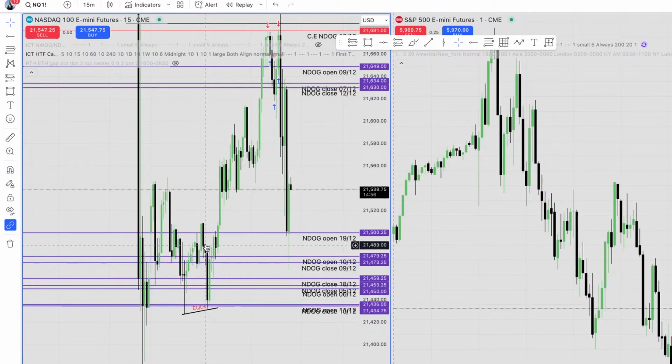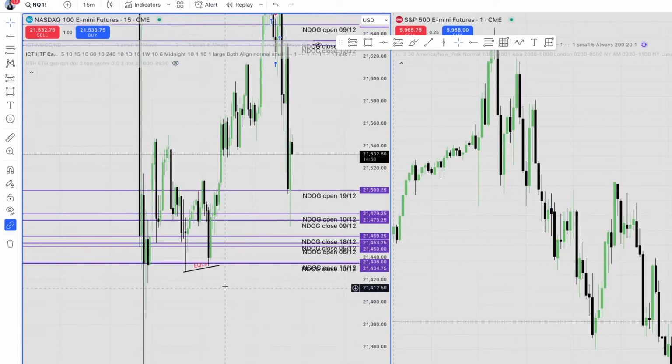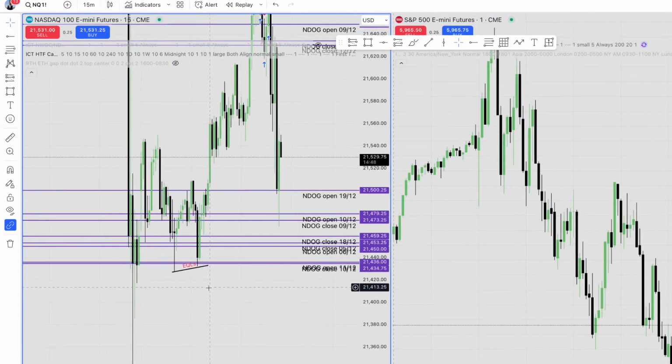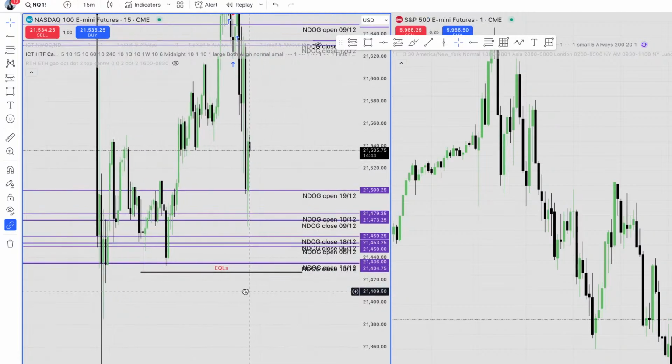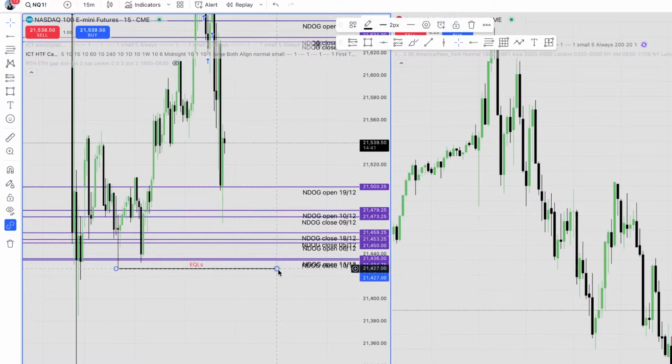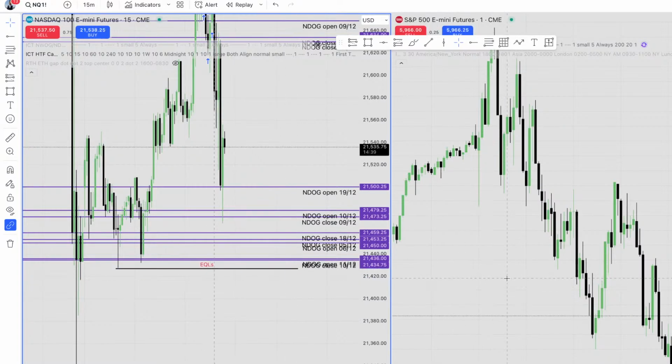So this is an order block, right? Yes, but I'd like it. Was there a big difference between it and ES? Let's see what ES did.